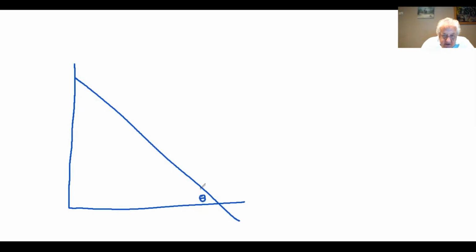This is my angle theta. Now I've got a ladder resting against the wall. This wall is frictionless. The floor has friction. It's the friction which holds the ladder and stops it from slipping.